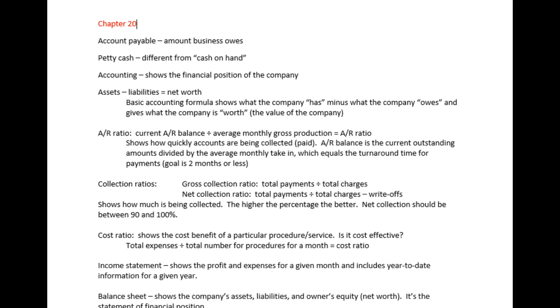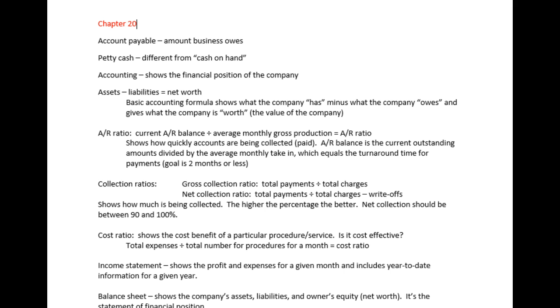Accounting is what shows the financial position of the company. Companies have to keep track of the money they currently have, the money that they pay out every month, their net worth, or how much the company is worth, how much their equipment is worth, all of those kinds of things. You know, how much money they pay out to employees in paychecks, all of that stuff.